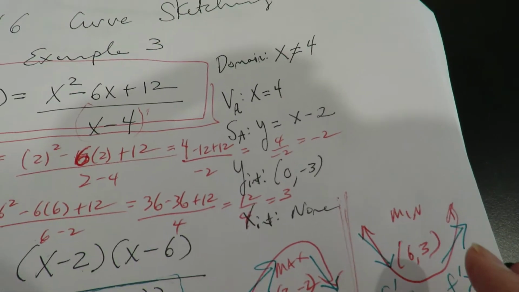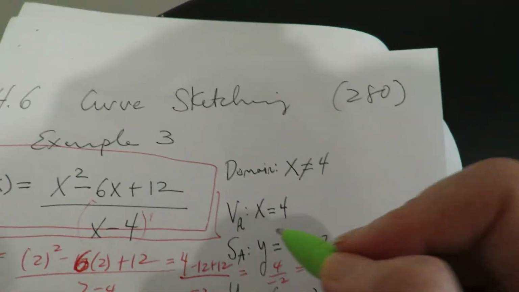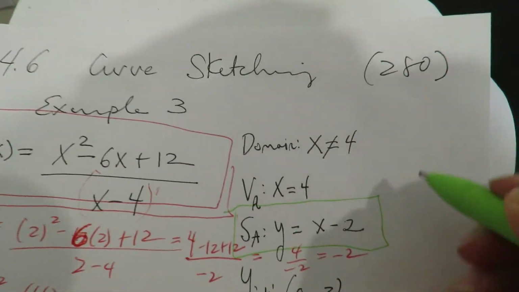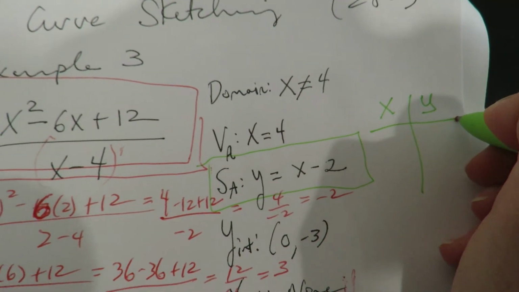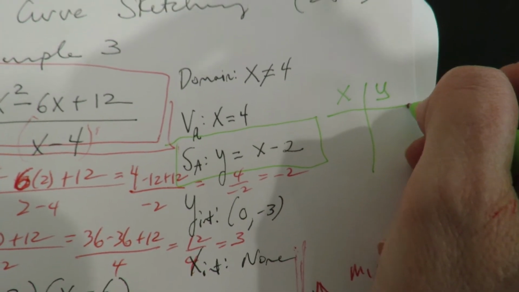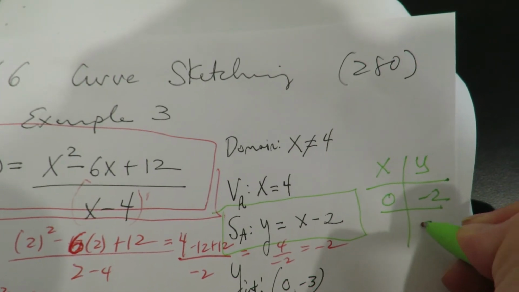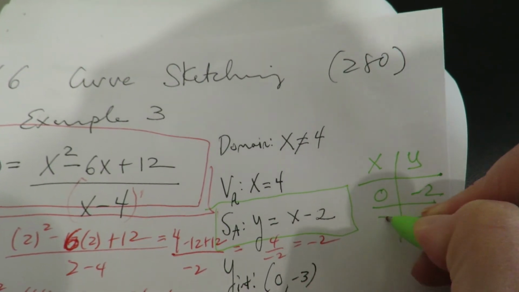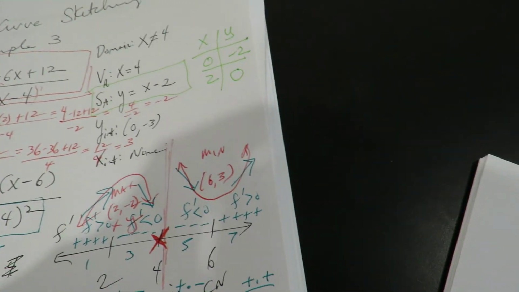Okay, slant asymptote, you have to actually graph this guy. Don't get confused by this. This is just a linear, I mean, people in algebra can graph this. It's a straight line, right? So don't make it a bigger concept than it is. If x is 0, y is -2. If y equals 0, then x is 2. You could just find the intercepts on that, and then graph them.